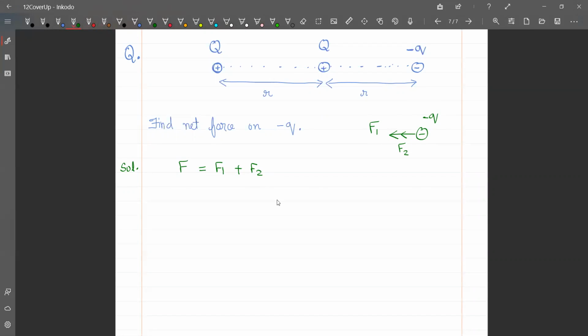Find F1 and F2, that is, the force due to individual charges, and then just add them. You'll get the net force.